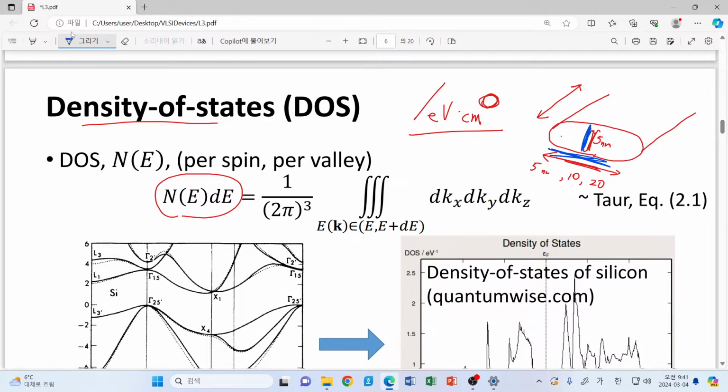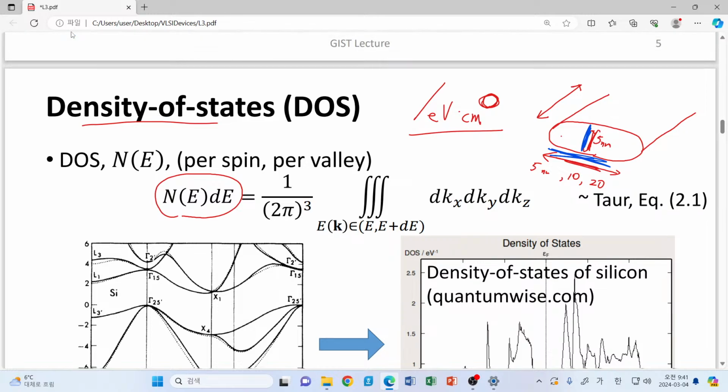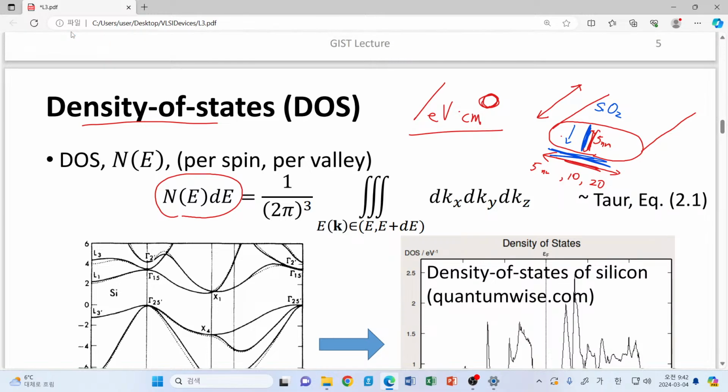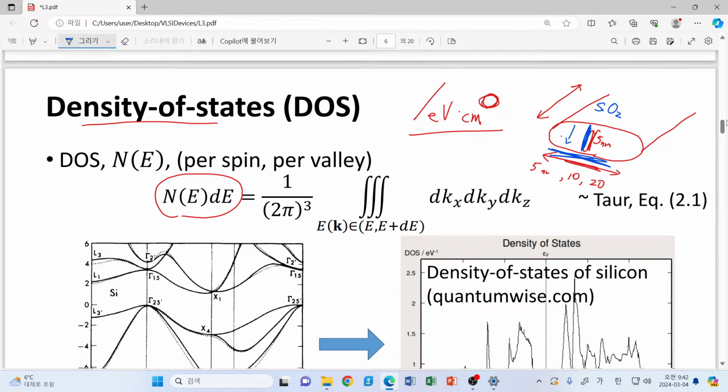Actually, you cannot. If your electron moves just 10 unit cells, it will hit the wall between silicon and silicon dioxide. When it comes back in the opposite direction and moves another 10 unit cells, it will be hit by another wall located on its bottom side.